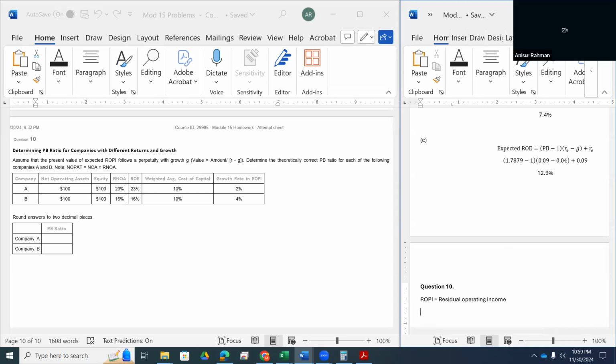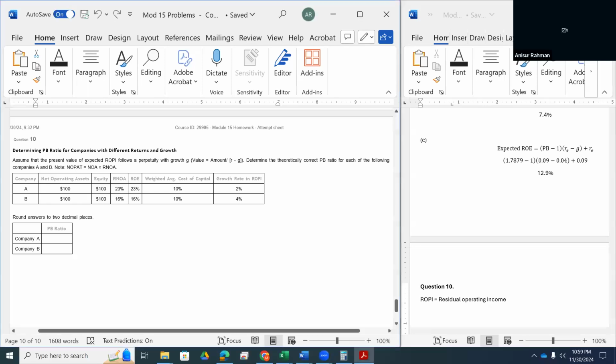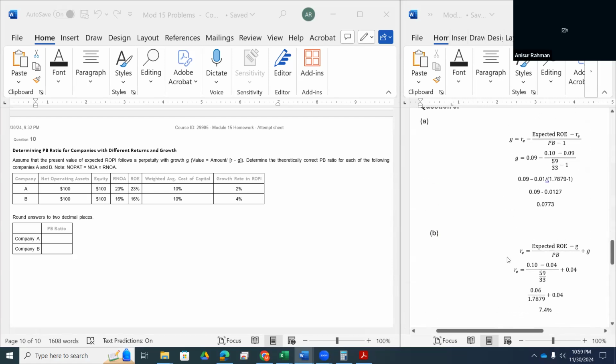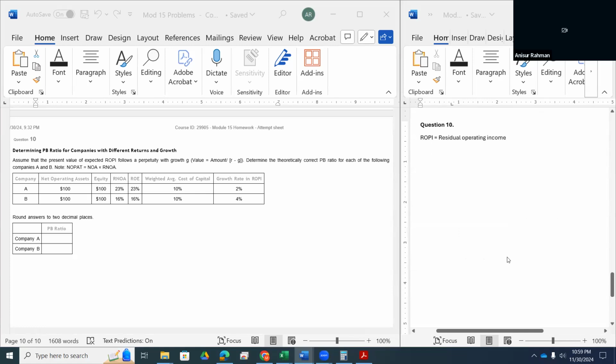So first of all, theoretically correct PB ratio. So theoretically correct PB ratio is, let me write this down here.